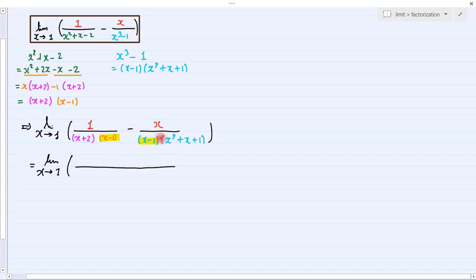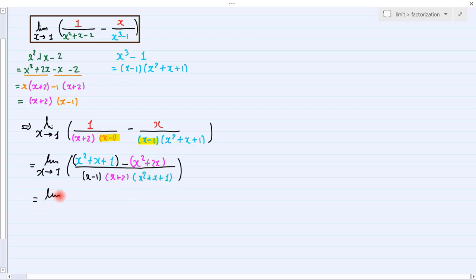So this x square plus x plus 1 will multiply with 1, and x plus 2 multiplied with 2 will give us 2x plus 4. Your LCM will be x minus 1, x plus 2 and x square plus x plus 1.